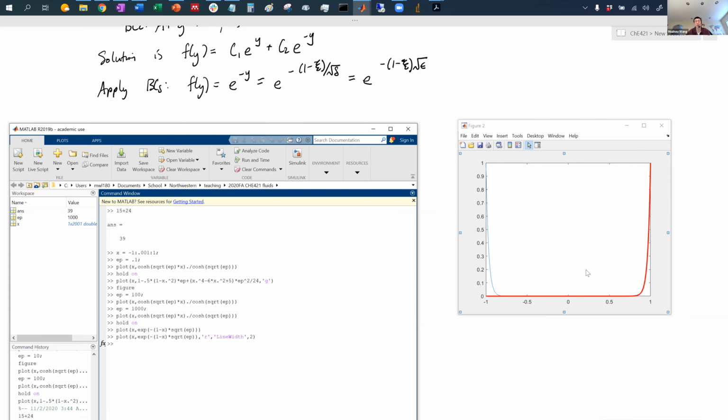Now, our solution is not correct way over here, but we don't care about that. We only care about what would happen in this boundary right here. If we wanted to care about what would happen in the other boundary, then we would redefine our axes the other way, such that y is going to be closer to x equals minus h rather than plus h. Okay, does that all kind of make sense?